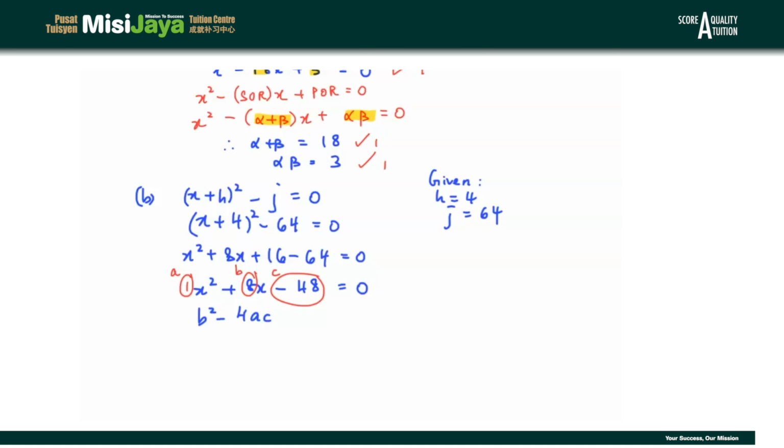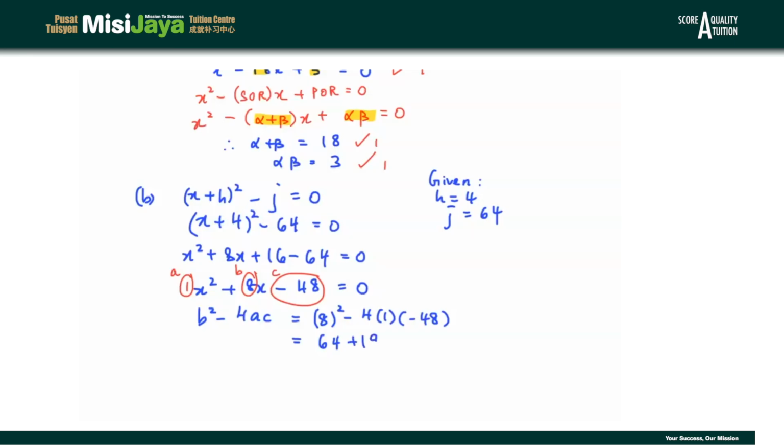Okay, so we're going to substitute inside b squared minus 4ac. So b is 8 squared minus 4ac. So this is 64, then negative 4 times negative 48. Okay, let's calculate. 48 times 4 is positive 192.